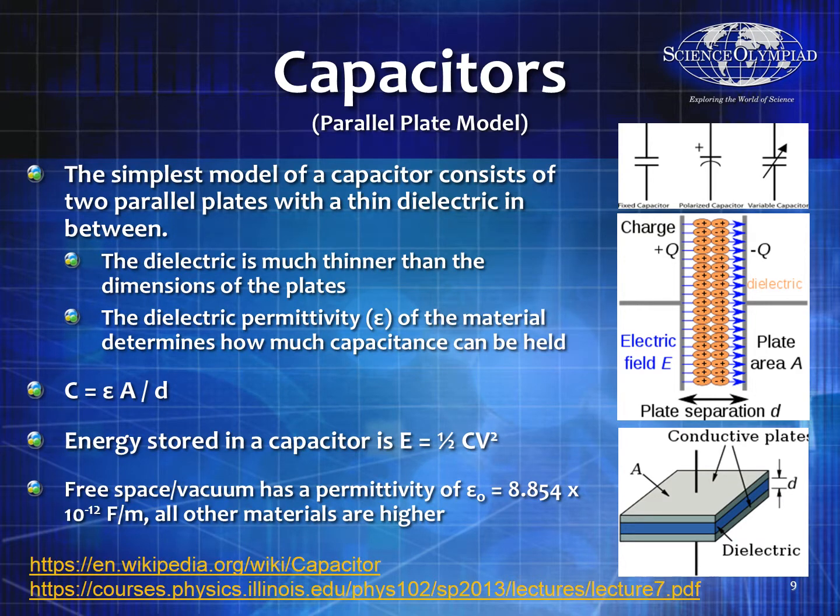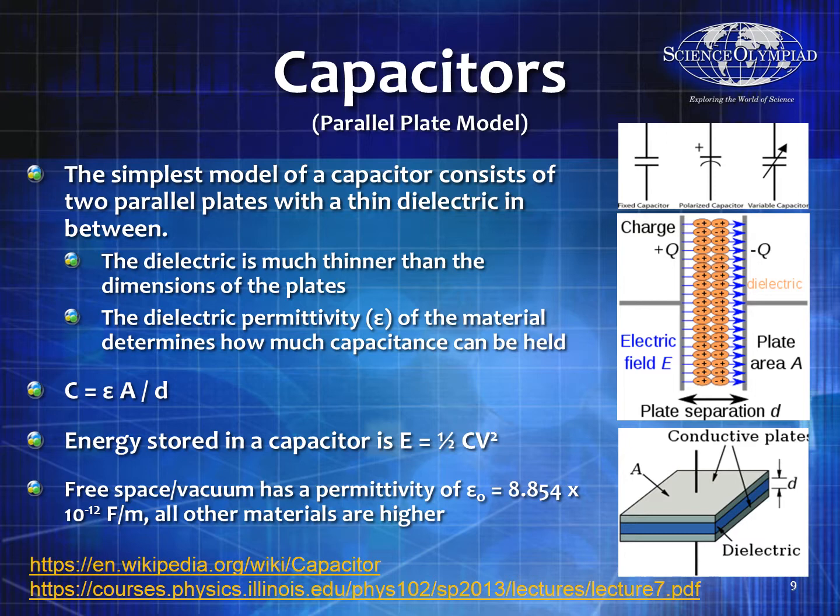The simplest model of a capacitor is two parallel plates that have an area, let's say A, with a very, very small distance between the two plates, D. The material will have a different dielectric property, and a dielectric is a non-conductive material, so the dielectric permittivity, epsilon, of the material determines how much capacitance can be held, such that the capacitance is equal to epsilon times the area divided by the distance.